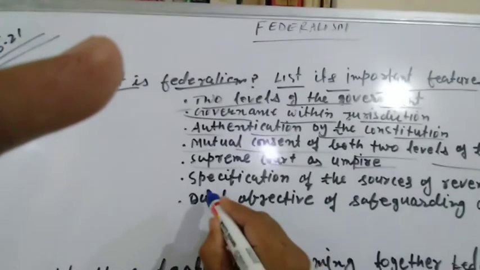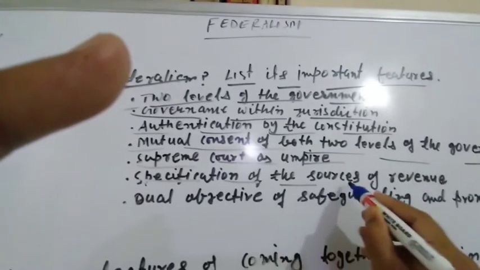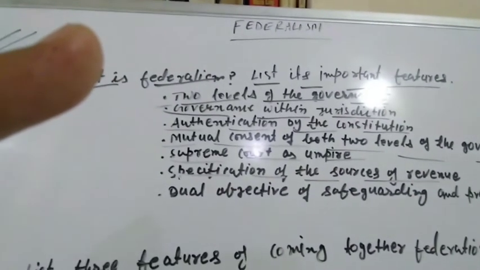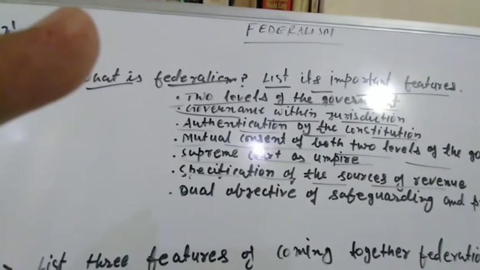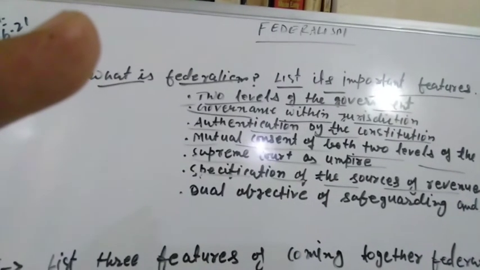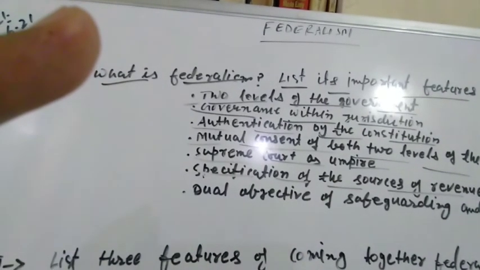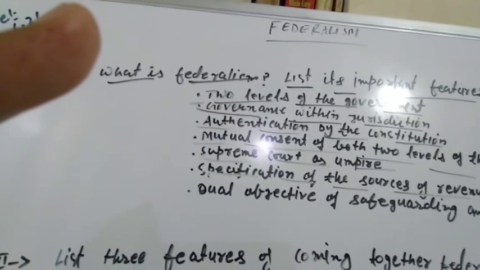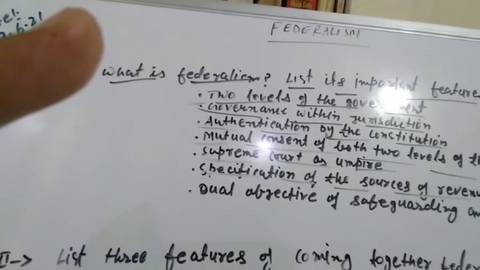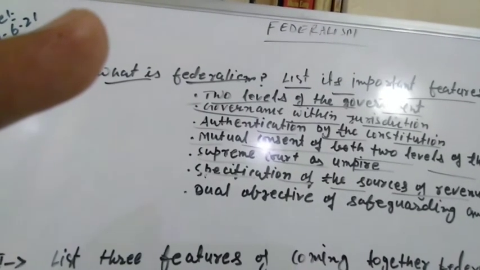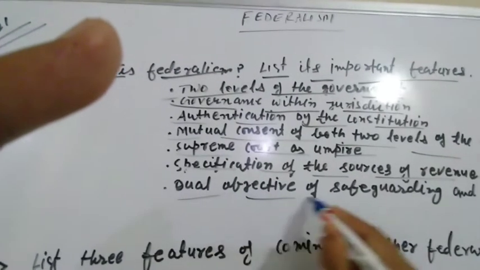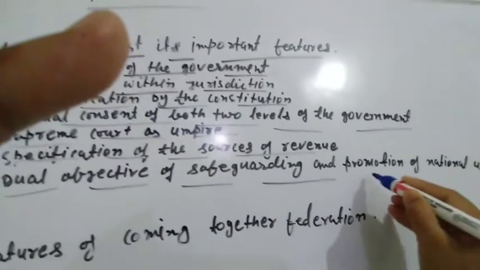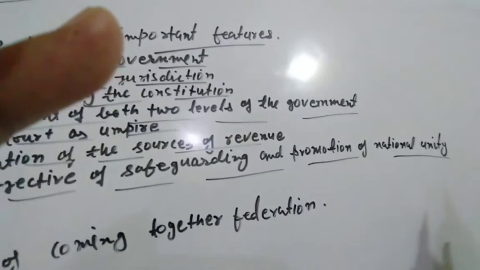Next point is specification of the sources of revenue. In a federal country, sources of revenue for state government and central government both are explained separately in detail in the constitution of that country. Next point is dual objective of safeguarding and promoting national unity.